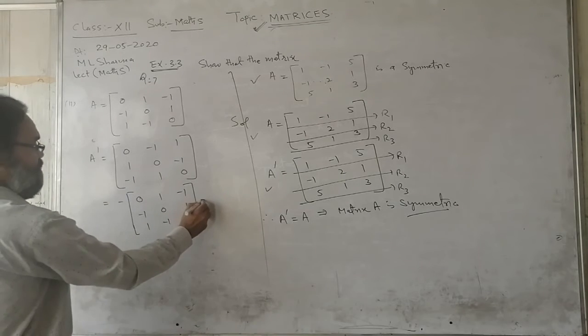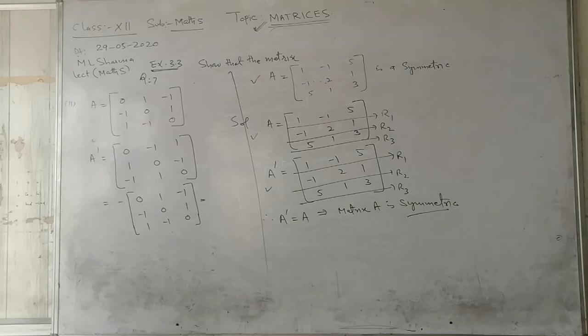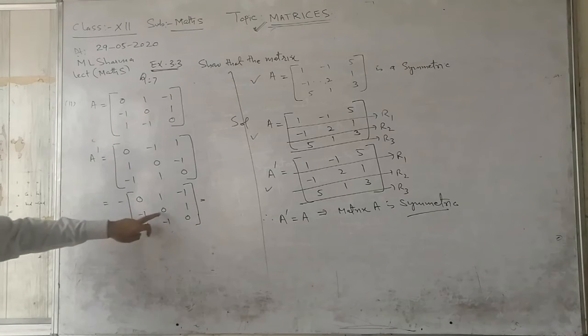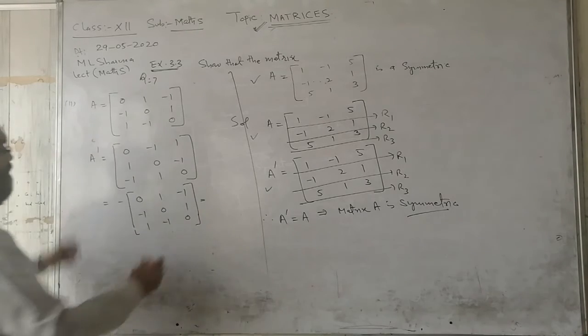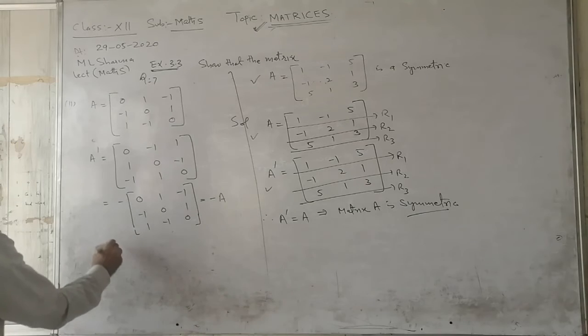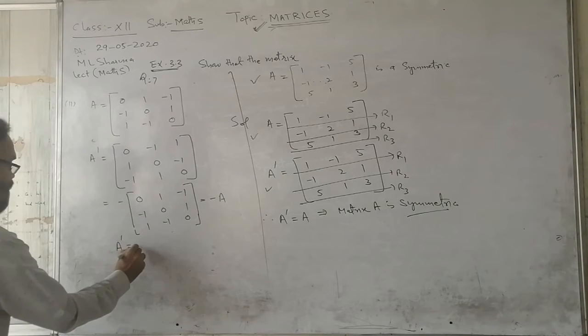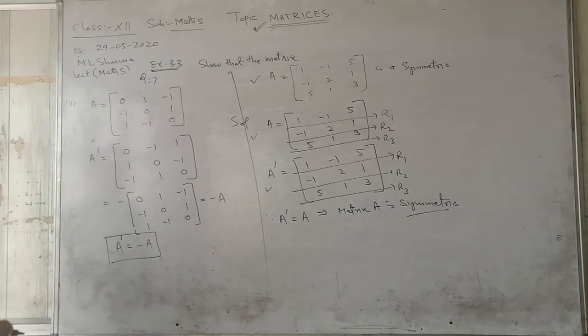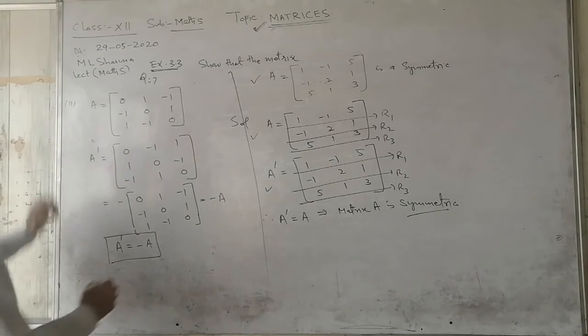So this matrix is identical to this: 0, 1, minus 1, minus 1, 0, 1, 1, minus 1, 0. So instead of this, I can write as minus A. So that means A transpose equal to minus A. And this is the definition of a skew symmetric.